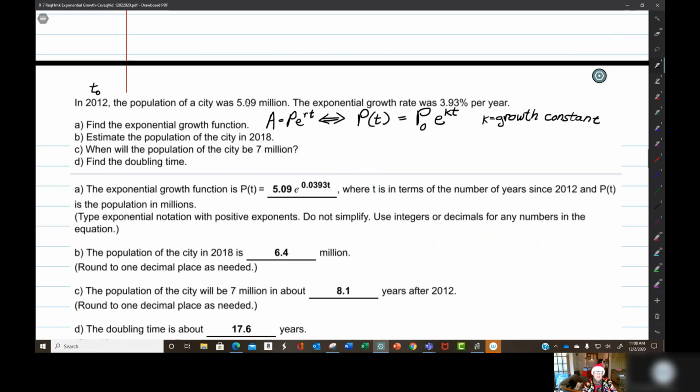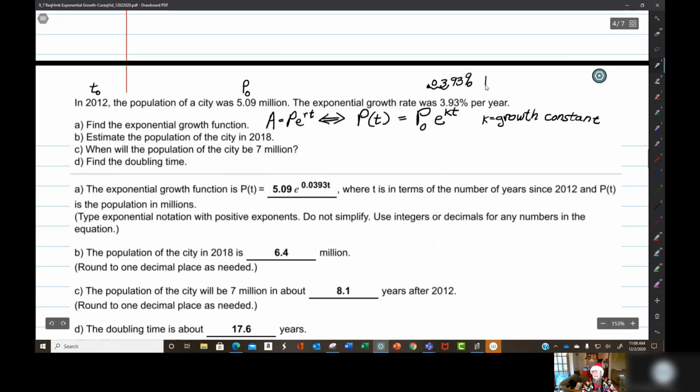And at that time, the population, P zero, was 5.09 million. Now, it tells us what the exponential growth rate is, and that's 3.93%. But to change that to a decimal, we move the decimal point 2 places to the left and fill in that empty digit with a 0.